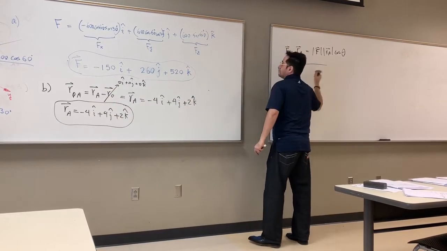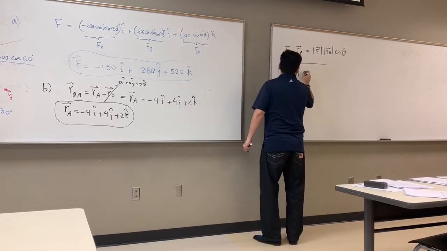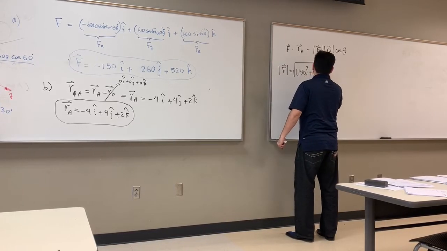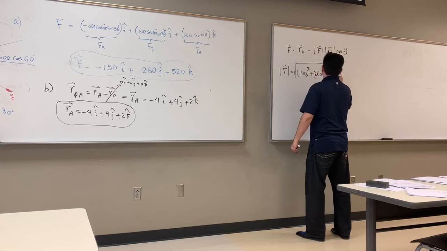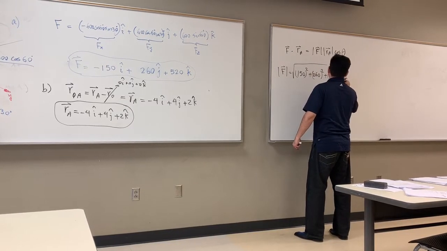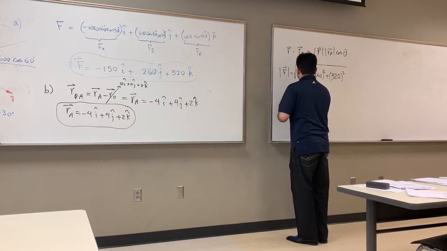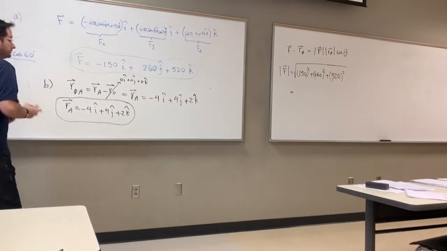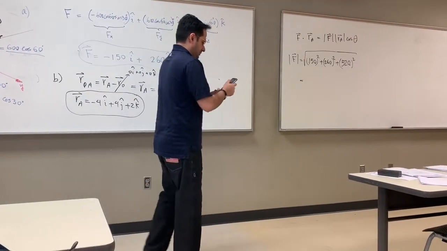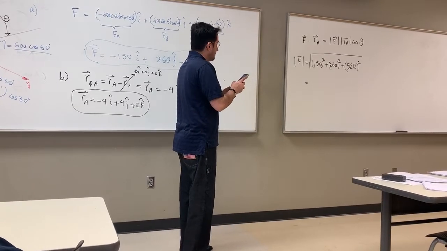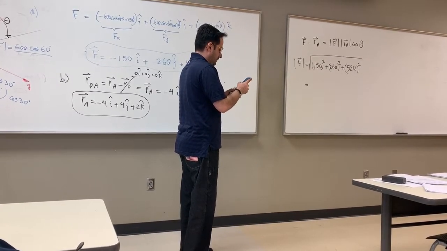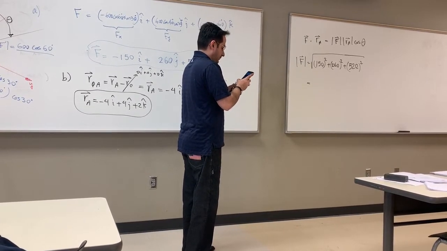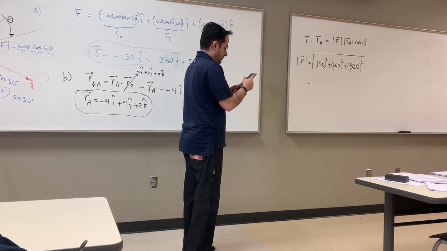The magnitude of F is the square root of 150 squared plus the second component 260 squared plus 520 squared, which is equal to, we grab the calculator, square root of 150 squared plus 260 squared plus 520 squared.